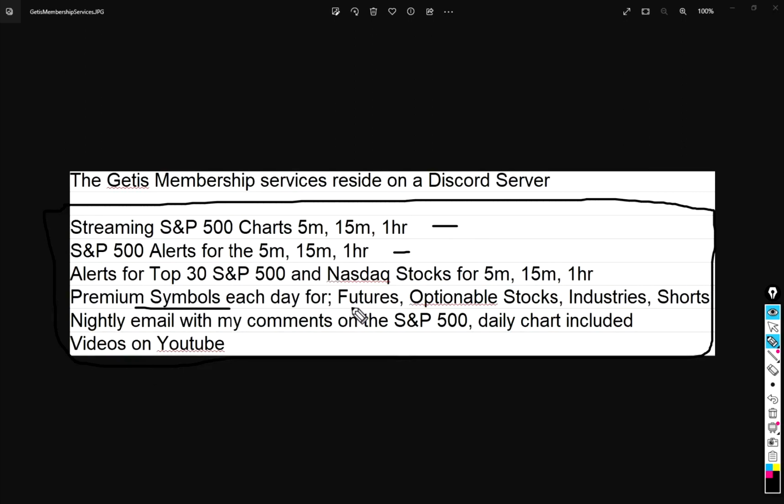The same Get Us Plus logic that shows up on the streaming charts for the members, at the end of the day, goes and gets the symbols for the futures, stocks that are optionable, industries, which include sectors and subsectors, because we know big funds are rotating their money out of the different industries and sectors, right? And then I have an algorithm that checks for any symbols that look like they might be getting set up for a short. So these are all files, 4 different files that go into the premium symbols channel.